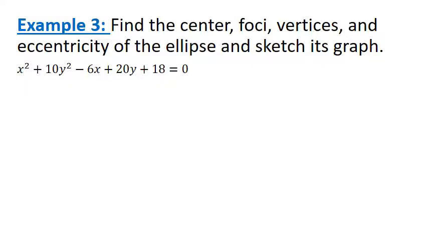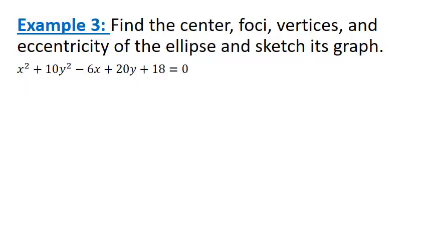All right, so this problem is very similar to what we saw for parabolas. In this case, it says find the center, foci, vertices, and eccentricity of the ellipse, and then sketch the graph. Okay, so just like before, I want to complete the square.